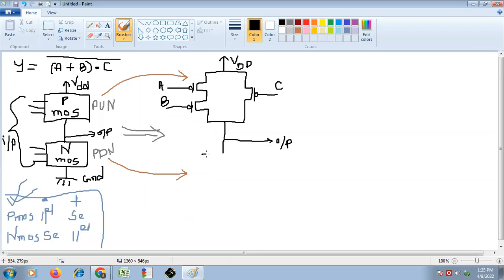That means this A and B is parallel. So we implement A and B in parallel.